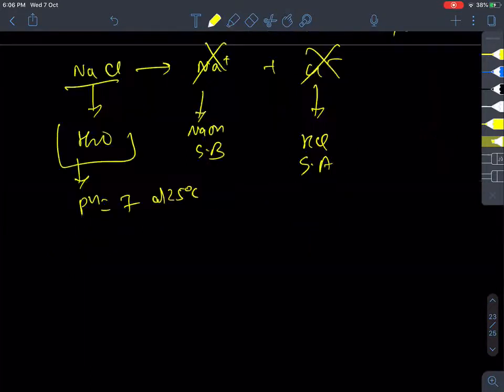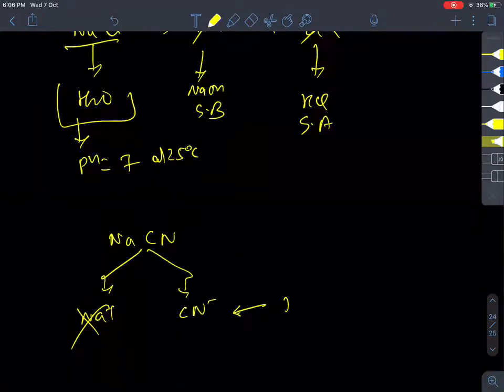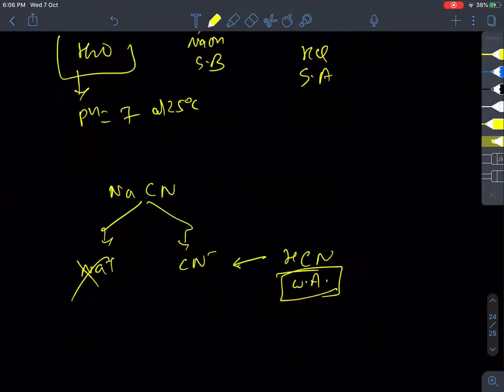But suppose I took NaCN. So guys, cationic part is a waste fellow, whereas anionic form CN minus is generated from HCN. HCN is a weak acid. And if you do not know how to identify weak acid and weak base, do refer my previous videos, right? Link is given in the description box. So this CN minus is a strong conjugate base, I mean, this came from a weak acid.